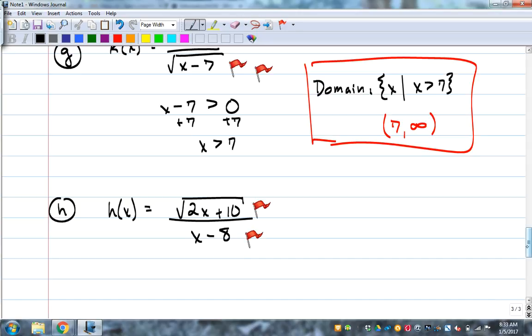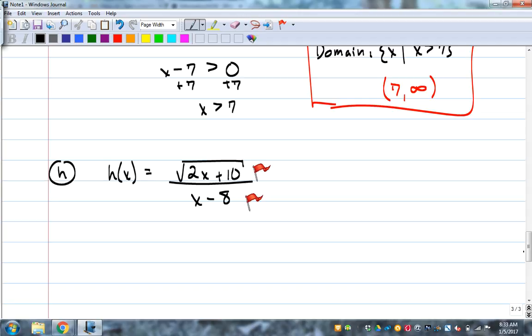What to 0? What do you mean? Equal to 0? Do you mean less than 0? You mean less than? Greater than?